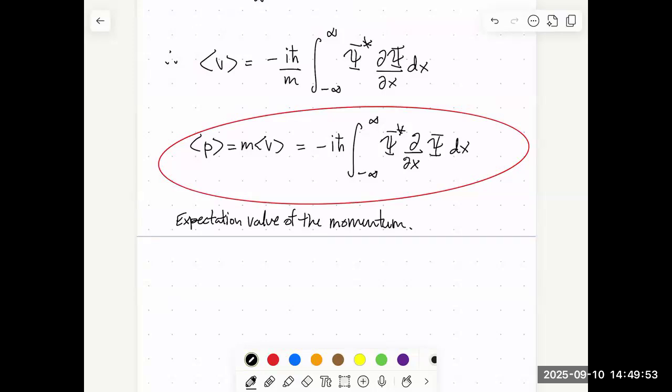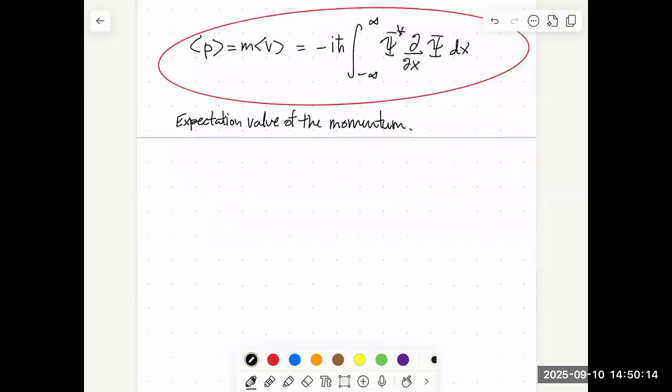It was a long-ish derivation, but none of the steps were too difficult. All we did is take a derivative of the expectation value of the position. We applied the product rule, and then we did a few rounds of integration by parts.